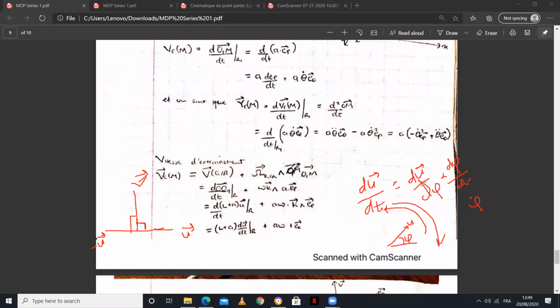So if we're deriving U by this same angle phi, it's like we are rotating U 90 degrees. If I rotate U 90 degrees, like I'll be moving it from here to there, it's going to become V. So when we're told to derive U par rapport à cet angle phi, it's like we're being told to rotate U 90 degrees. That's the general rule. This rule, you guys have to know it.